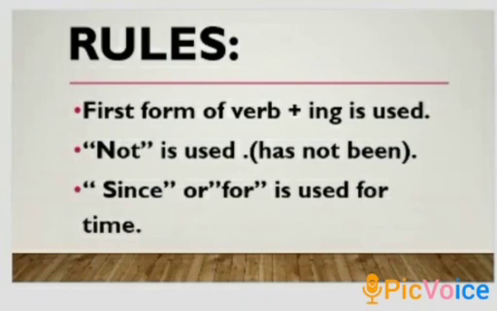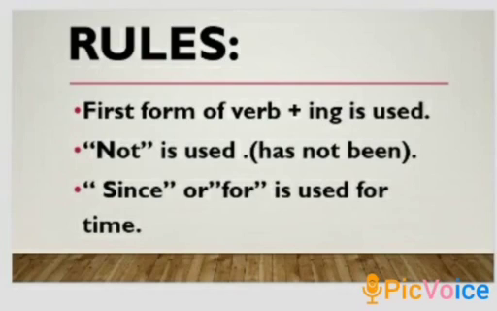So students, as we have seen in the examples, first form of verb plus ing is used in present perfect continuous tense. We use not to make it negative. Has not been or have not been we use here. Then we use since or for with the time period. To describe the time we use since and for.